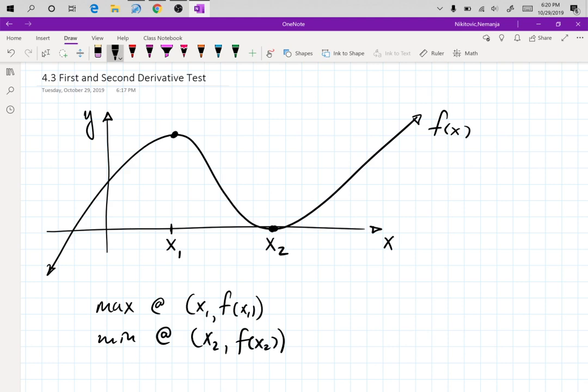Now, what we are discovering tonight is this. This part of the function is when the function is increasing. And also this part of the function here is increasing.